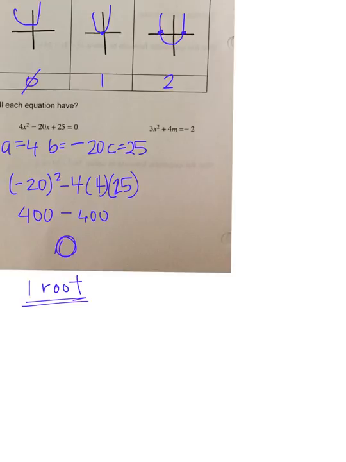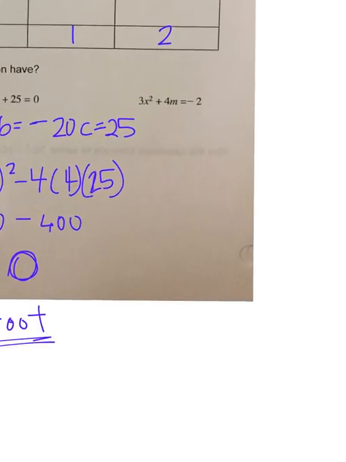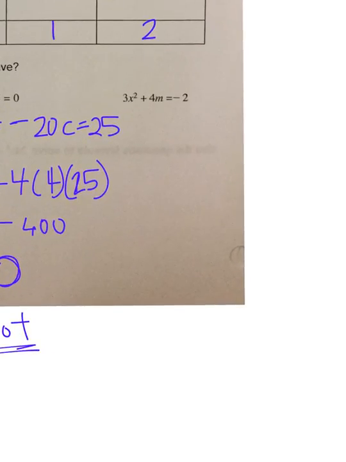This last one here, I've got my 3x squared, so my a is 3. Let me add this 2 real quick. My bad. So I've got 3x squared plus 4x plus 2 equals 0.